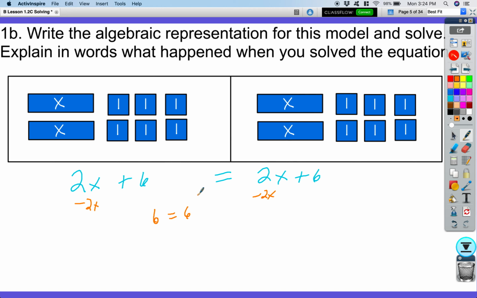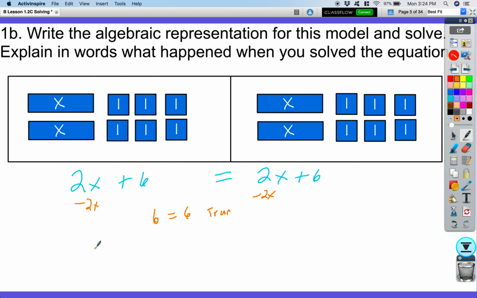Now what I want you guys to realize is when the x's are canceled out, meaning there are no more x's and I'm left with just constants, you're going to have two possible outcomes: either infinitely many solutions or no solution. And it depends if I get a true or false statement. This is true. So explain in words what happens when we solve.